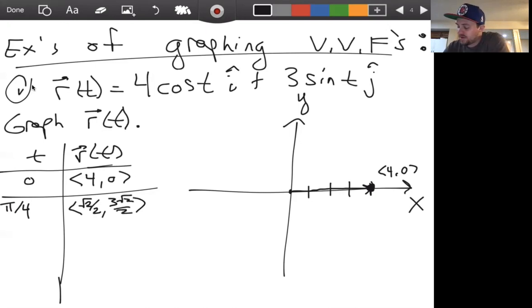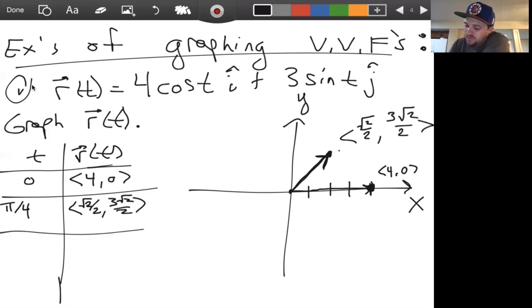Okay, so we find the x direction is bigger than 1, right? And then 3 root 2 over 2, we're going to get something here-ish. This terminal point corresponds to the vector, and this is at the angle pi over 4, right? So it's 2 root 2, comma, 3 root 2 over 2.